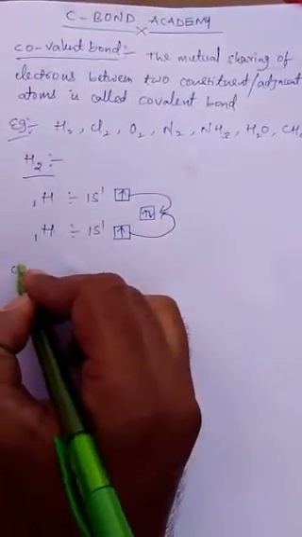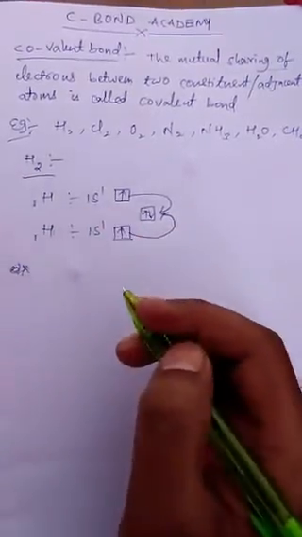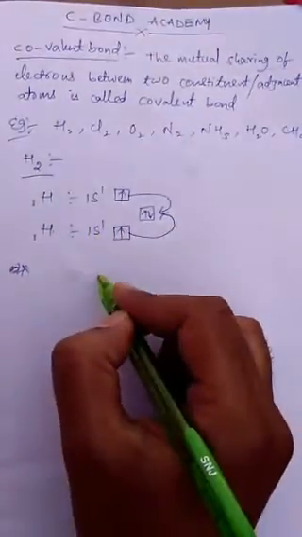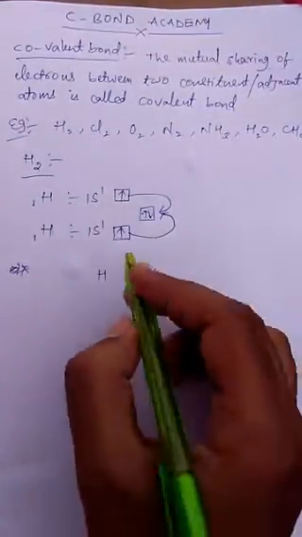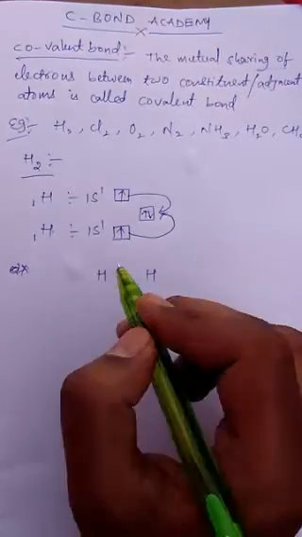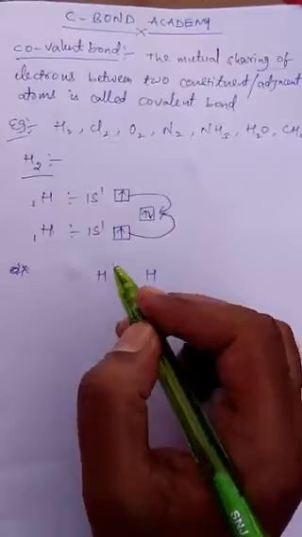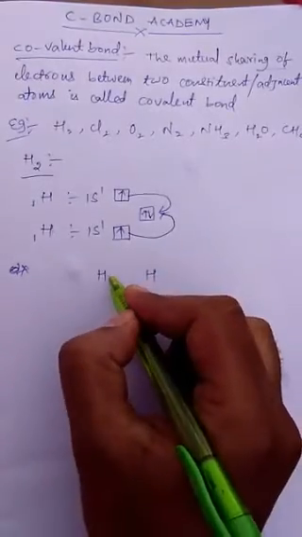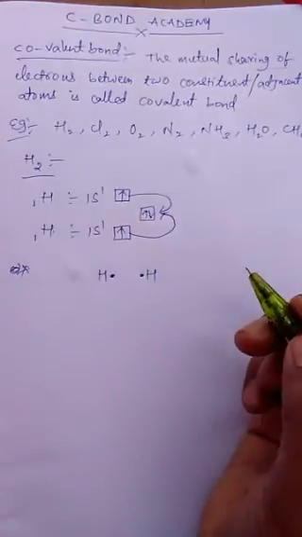Next, the geometrical representation of the hydrogen molecule. Two hydrogen atoms are there, so keep two hydrogen symbols. According to Lewis dot notation, we have to represent only valence electrons, which means outermost shell electrons. So keep 1 dot, meaning 1 electron, and for the second hydrogen also keep 1 dot.